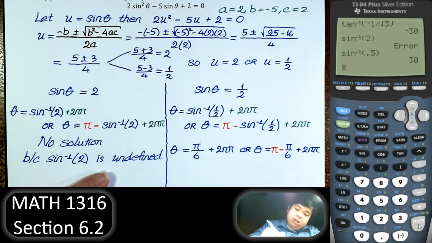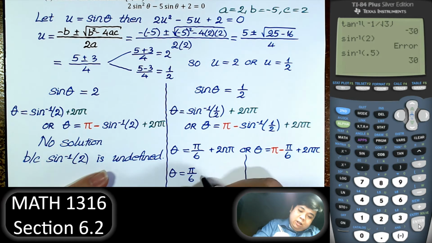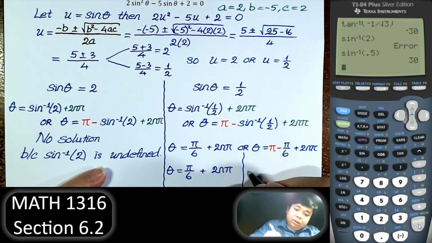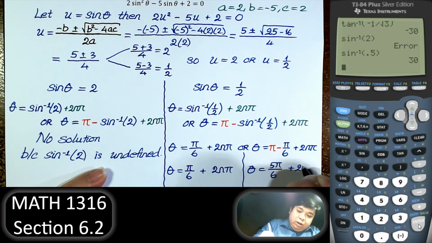So we have theta equal to pi over 6 plus 2n pi, or over here, pi minus pi over 6 is 5 pi over 6 plus 2n pi.